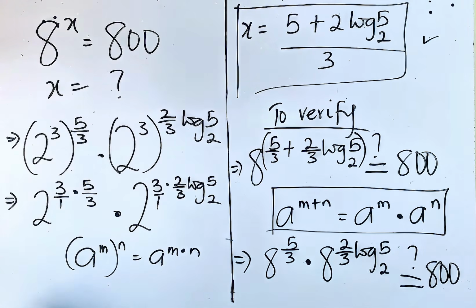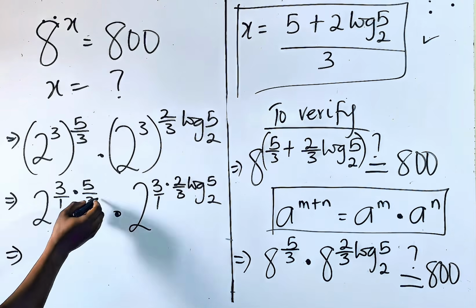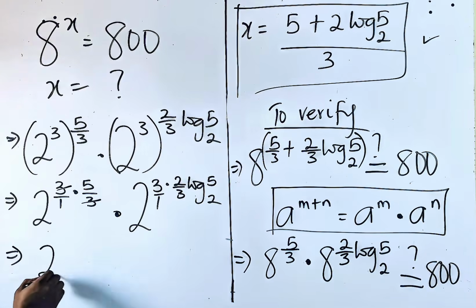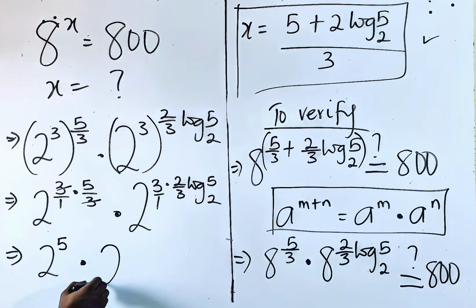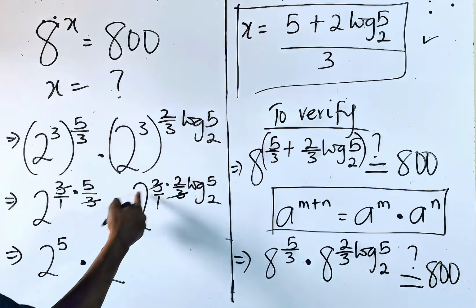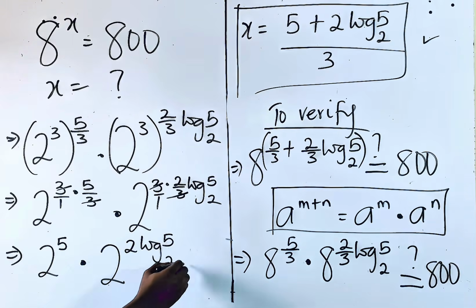What do you do next? You can keep simplifying. 3 can cancel out. So we have 2 to the power 5 divided by 1 gives us 5, multiplied by 2 to the power of 2 log 5 base 2.